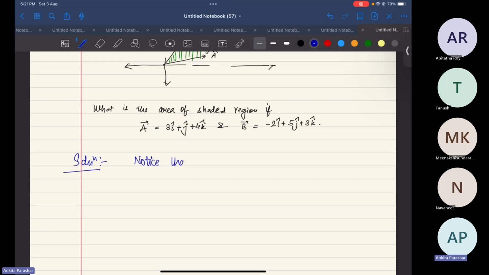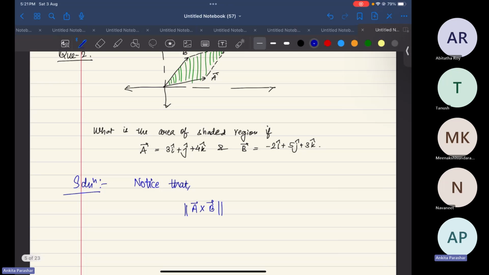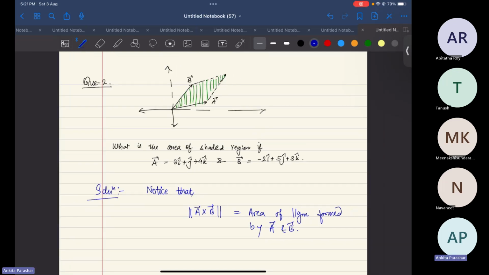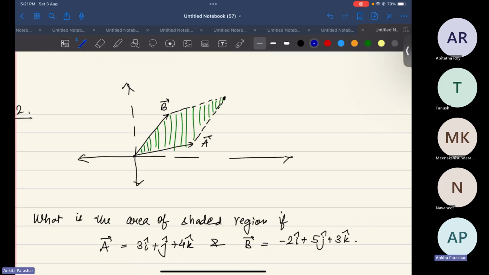So notice that if you take the norm of the cross product, which is a vector, this is nothing but the area of the parallelogram formed by the two vectors. Okay, can you quickly see the proof? It's not very difficult, I think.